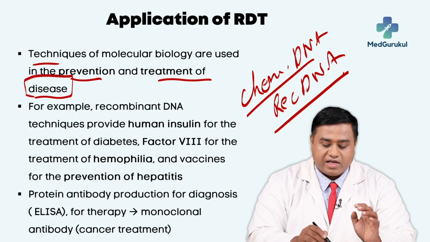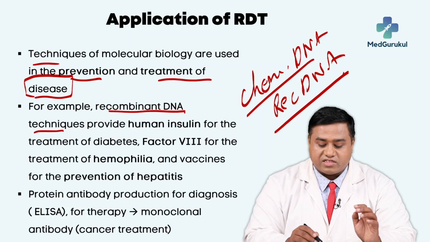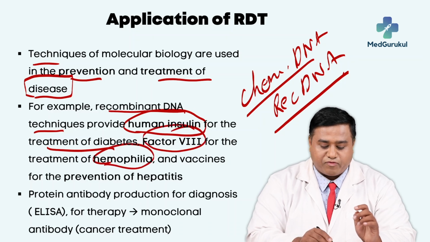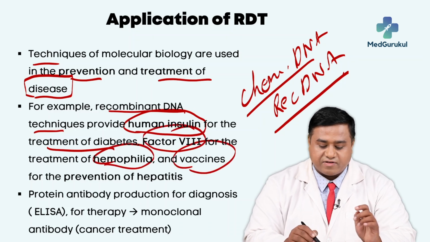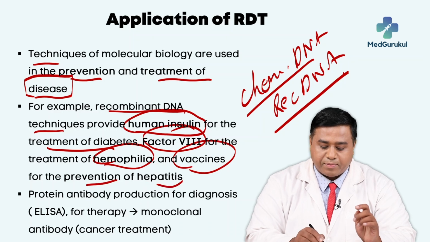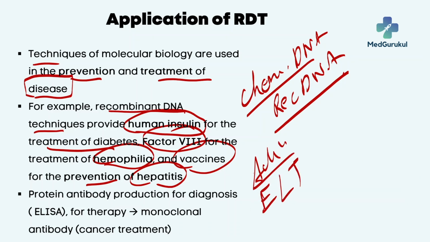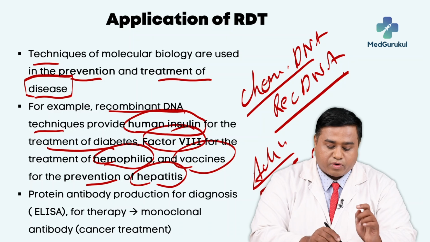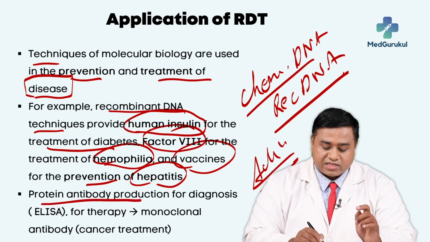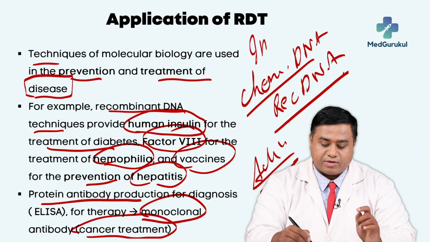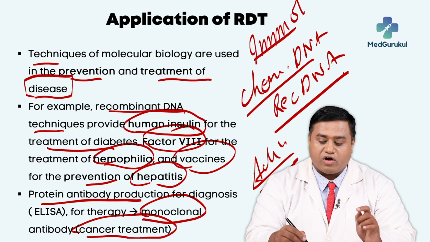For example, recombinant DNA technique is developed to produce human insulin for treatment of diabetes, to produce factor 8 for the treatment of hemophilia, to produce vaccines for prevention of hepatitis, and also for diagnostic purposes like ELISA, for production of antibody as well as monoclonal antibody treatment as a part of cancer therapy called immunotherapy.